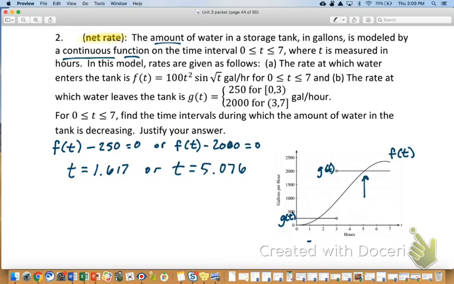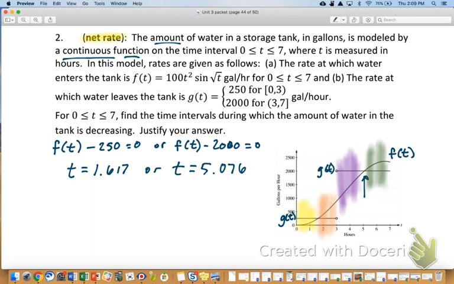Okay, so here's how we would wrap this up. I've basically got 4 intervals: a yellow one, an orange one, a purple one, and a green one. The relationship between f of t and g of t is going to change depending on which interval you're in. In the yellow interval, do you see how g of t is higher?